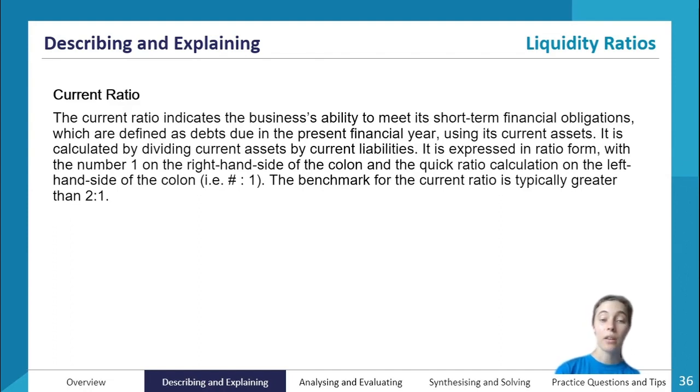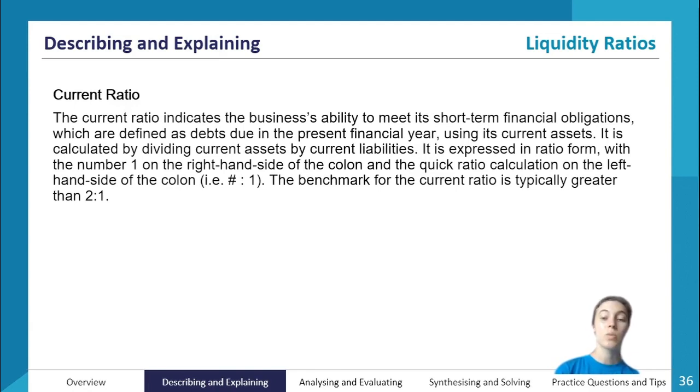So you'd calculate it by dividing current assets by current liabilities, and it's expressed in ratio form. So a number with a colon and another number. The number 1 is on the right side of the colon, and the current ratio calculation for the business is on the left side.